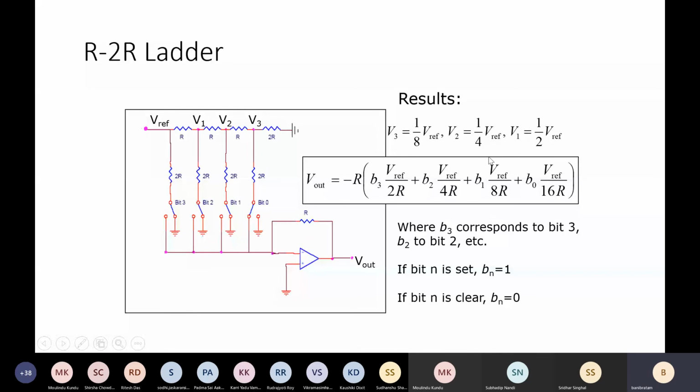That's why we don't need R, 2R, 4R, 8R like this. Rather, only R and 2R are the same. V1, V2, V3 get changed accordingly in this 2 to the power format. So we don't need dedicated different values of resistors. Rather, we need this configuration so that the effective Vref itself is changed for different bits in this binary fashion. Is the concept okay?